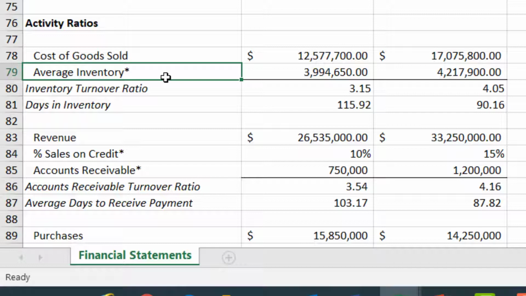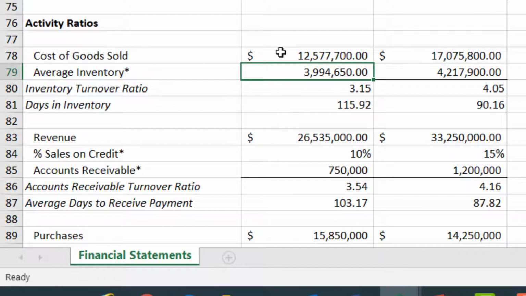And so I dug around a little bit and I learned that we should actually be using the average inventory. Well, why is that? Well, because the ending inventory and the beginning inventory are an incomplete picture of what's going on during the time period that we're studying, whether it's a quarter or a year or whatever the case may be. So the average inventory, the beginning plus the ending divided by 2 is the proper number to use.